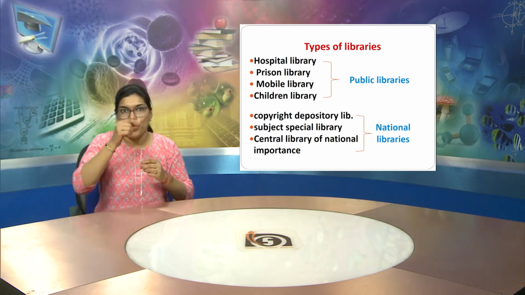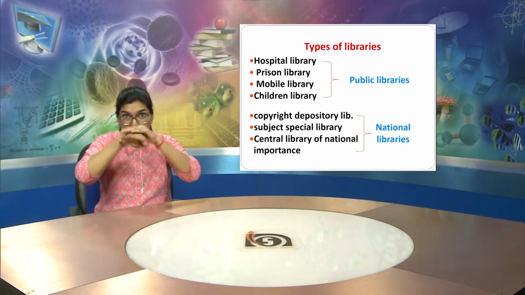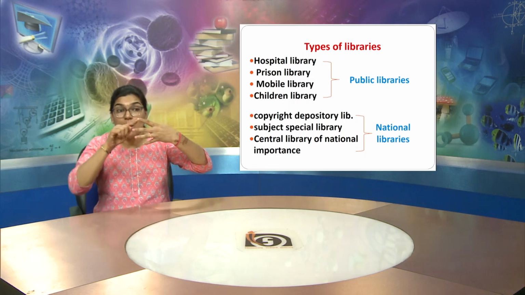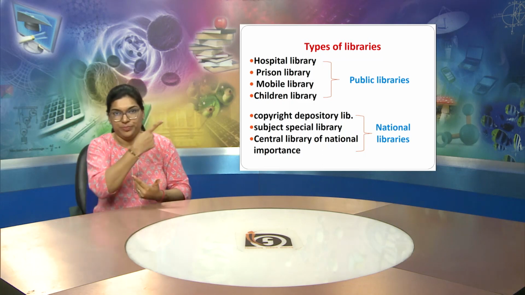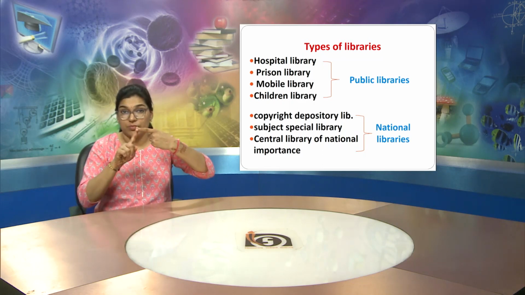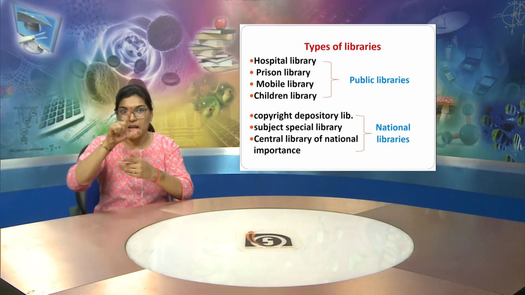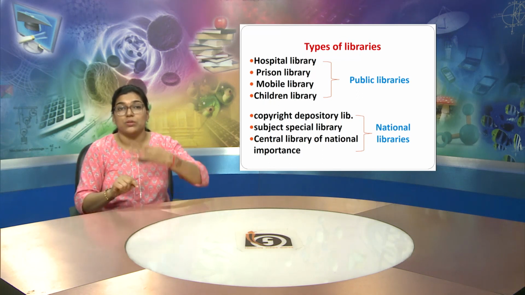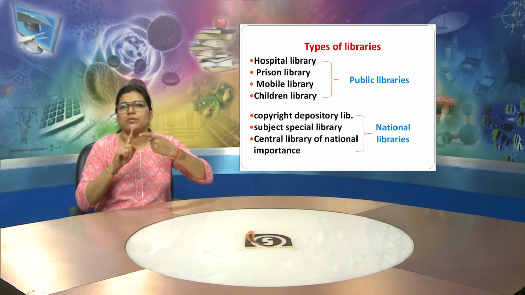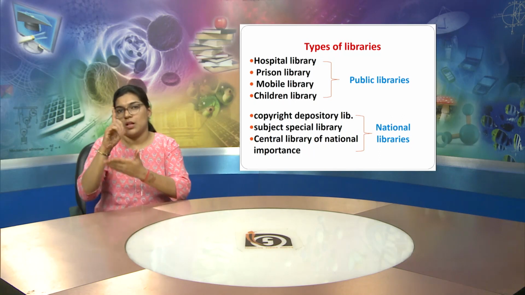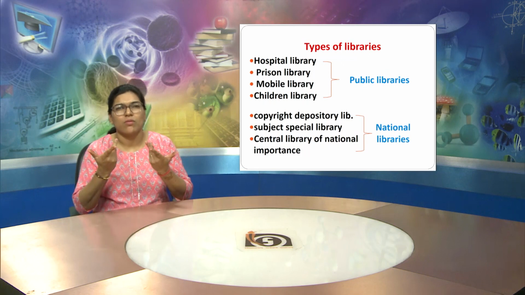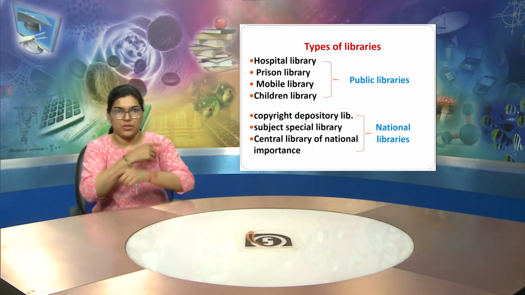Please see this slide. We just discussed in the previous slide that there are mainly 4 types of libraries. The first type of library was public library. It has mainly 4 points which you can see on the screen. Public library has 4 types.